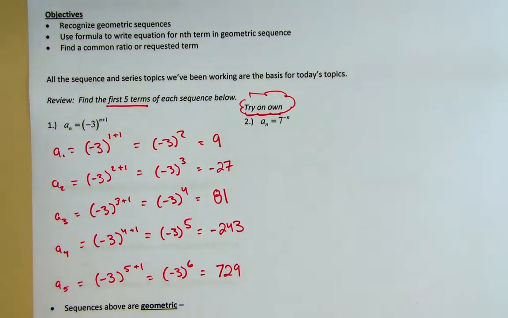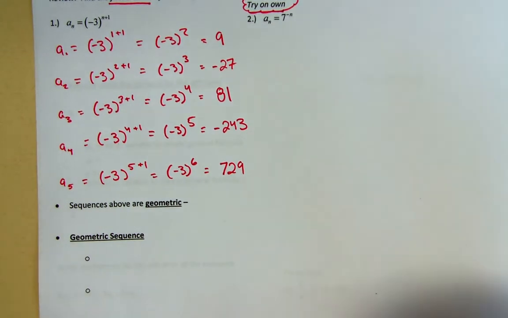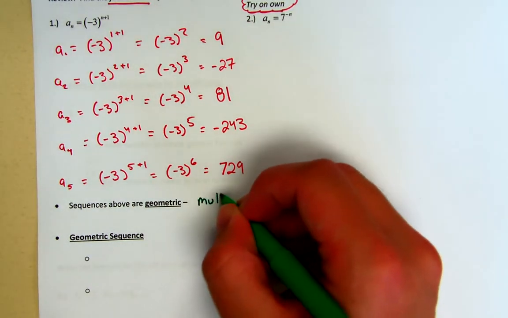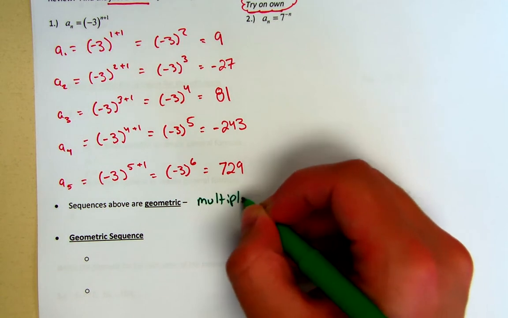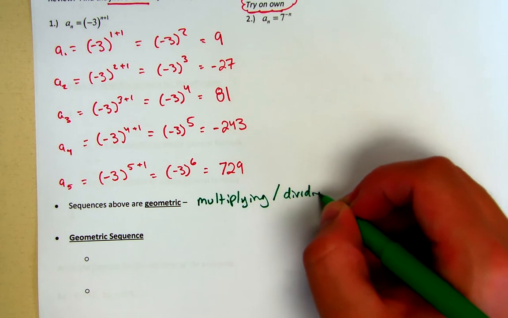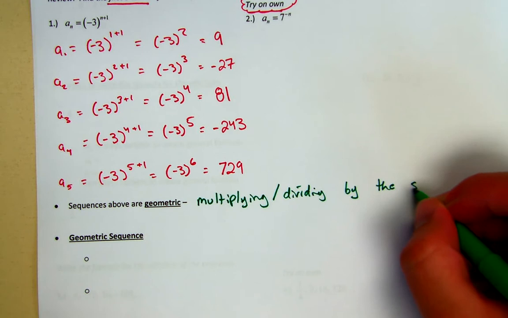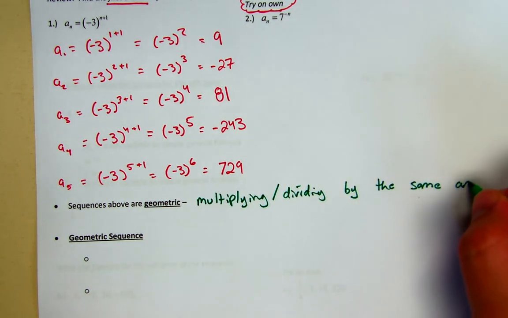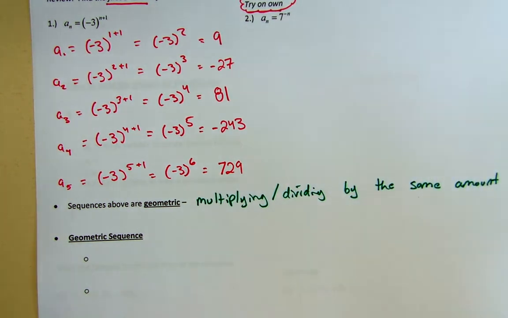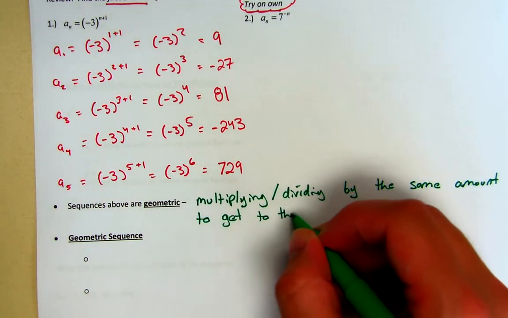Now let's talk about a little bit of vocab here. So, first thing, sequences that are above these two are geometric. How do I know that? Because we are multiplying or dividing by the same amount to get to the next term.